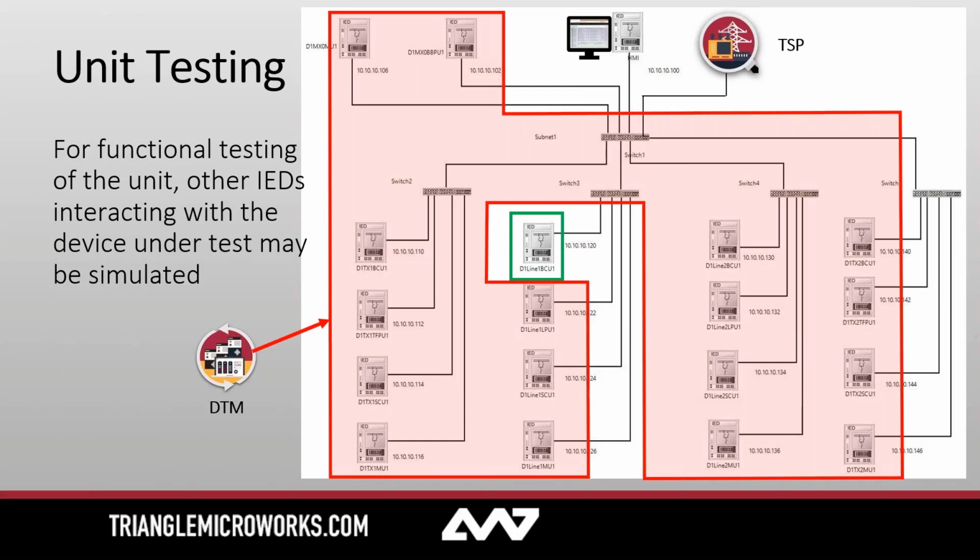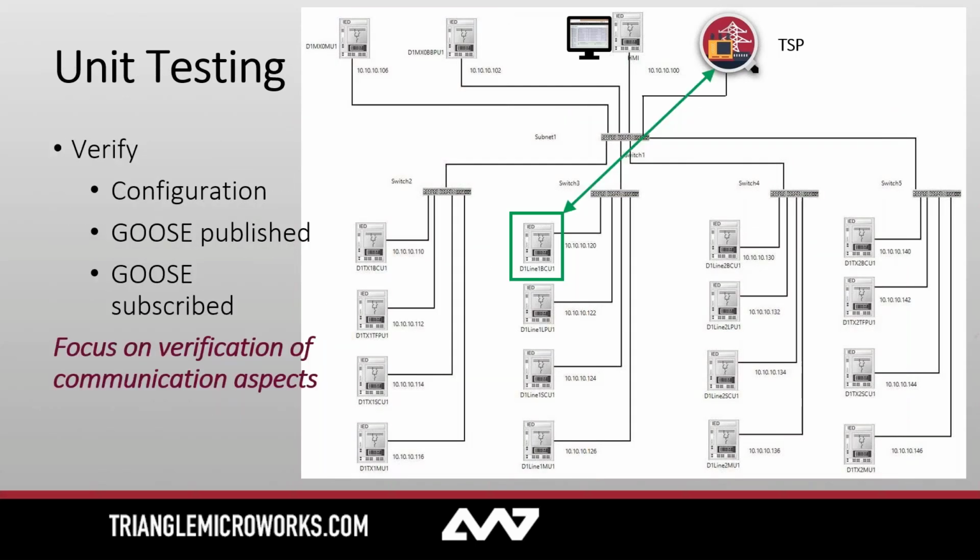We could do that as an example with DTM. But for today, where we focus on communication testing, we will only do a unit testing from the perspective of configuration and communication aspects. So basically, we will verify if the device is configured the way how it is also specified in the SCL file, in the system configuration description file.